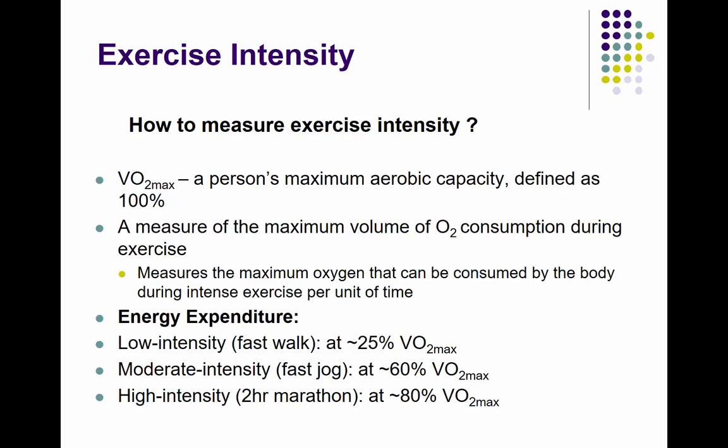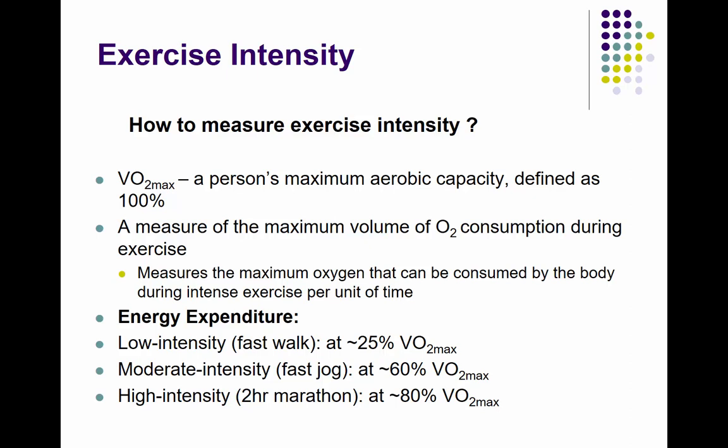How much oxygen is consumed relates to how much oxidation is happening, or how many ATPs are produced. So if you oxidize more energy fuels and produce more ATPs, then you require more oxygen. So you use oxygen to measure the exercise intensity. Does that make sense?